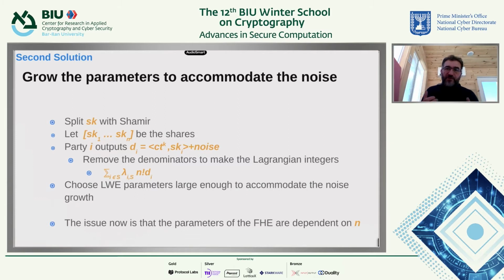What is the disadvantage there? Now our parameters are going to get bigger. If LWE parameters are already big to begin with, they're going to get even bigger. And even more troublesome is that now the size of the centralized key depends on N. So it's almost like this encryption scheme that I put out there for people to use, people will know that it's a scheme that pertains to N parties.